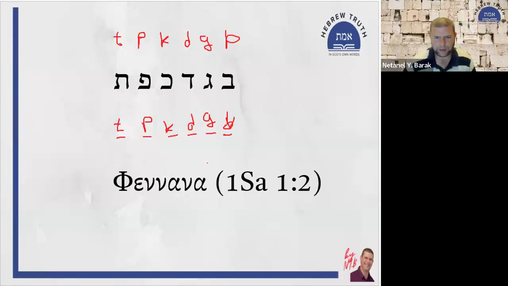Right, but again, remember that we have two types of sounds in the Hebrew: the one that we use with a dagesh, and the one that we use without a dagesh.